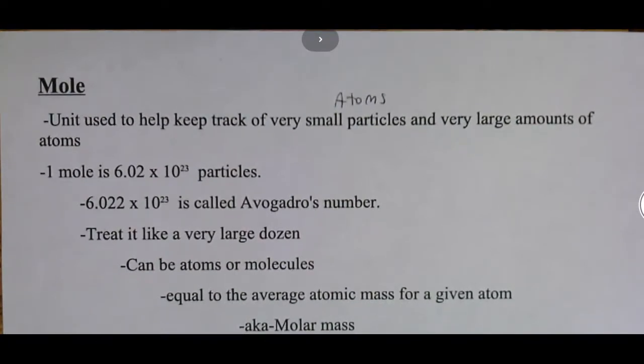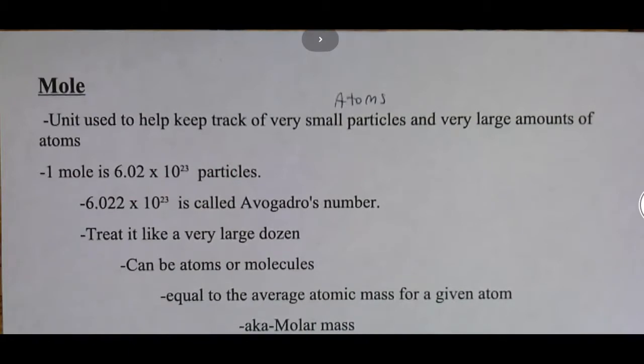So if we try to imagine how many atoms would fit inside of, like, if we took the cap off of a water bottle, it would just be enormous, right? And that becomes a problem in chemistry, when you're dealing with these very small particles, and how do we figure out actually how many there are?